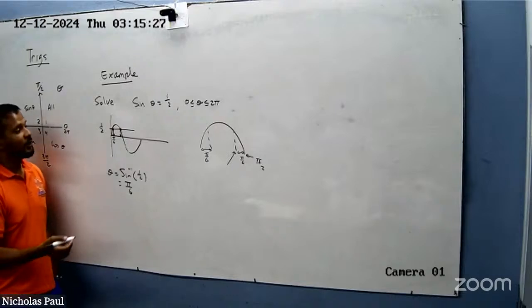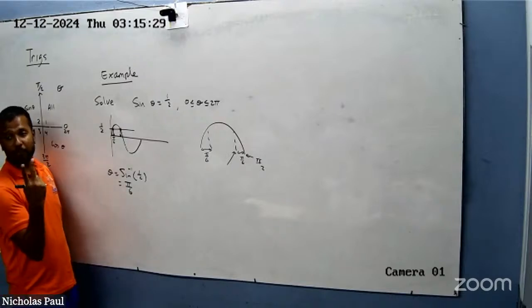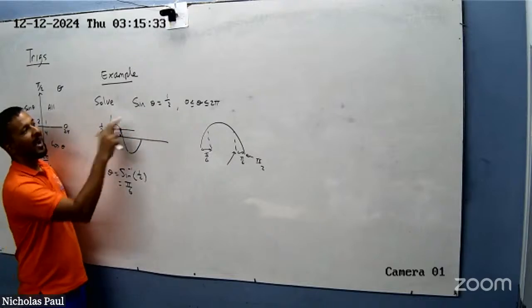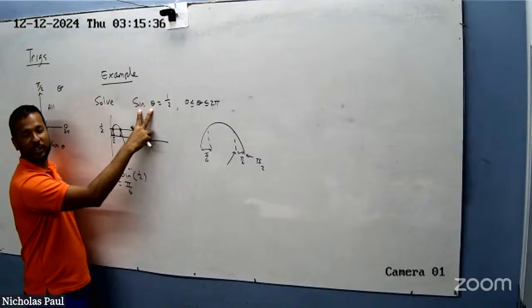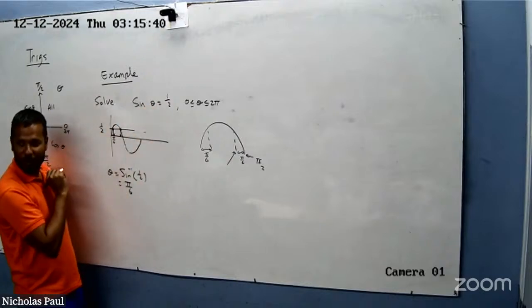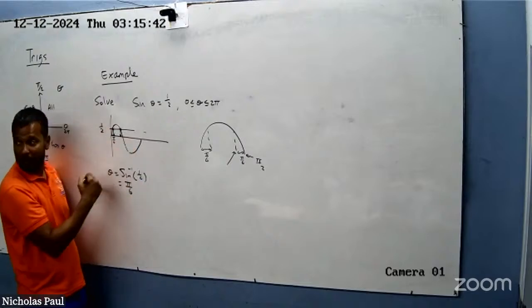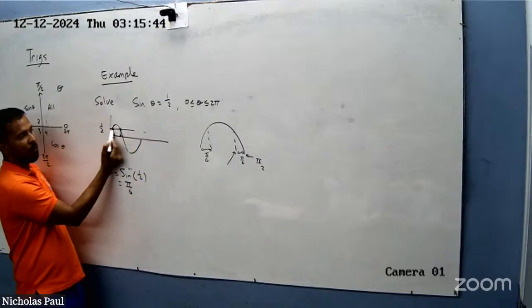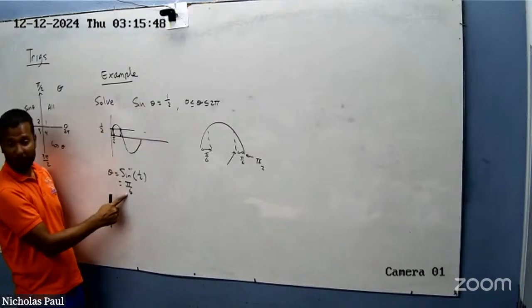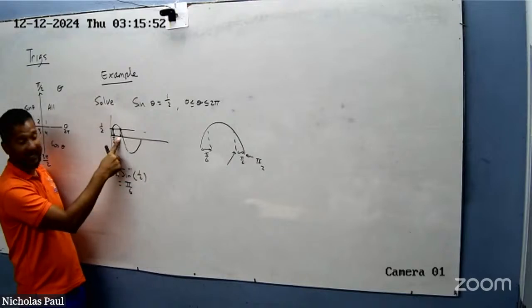I am trying to get the two solutions when sine theta is a half. So I draw the line y is a half, and I draw sine theta. Where they meet is the answer. I showed you how to get the first answer straight from the calculator. My question is how to get the second answer.